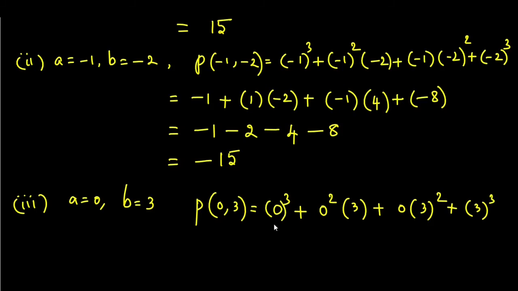Here, these are the values. 0 cubed is 0, 0 square into 3 is also 0, plus this is also 0 plus here it is 27. So the value is 27.